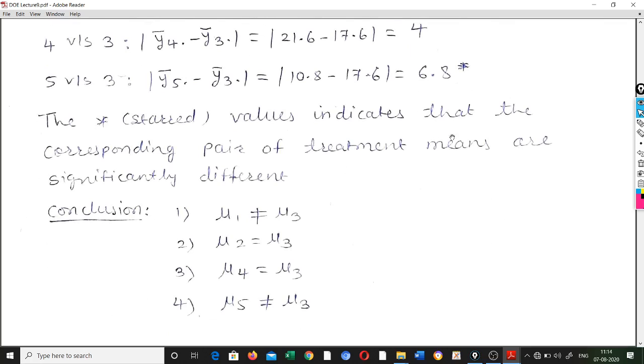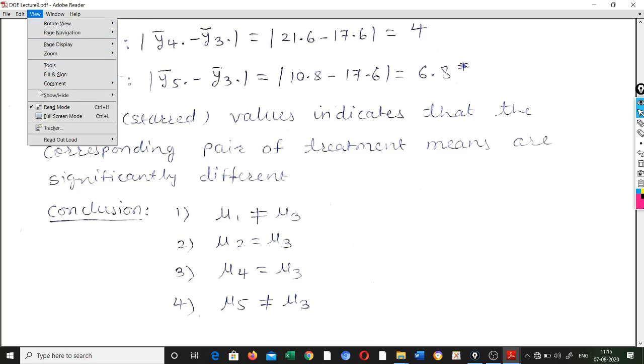So the star value indicates that the corresponding pair of treatment means are significantly different. From this we can draw these conclusions: mu1 is not equal to mu3, mu2 equals mu3, mu4 equals mu3, and mu5 is not equal to mu3. So this is the Dunnett test.